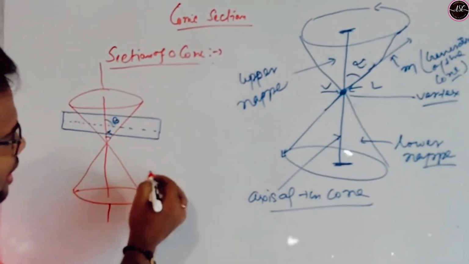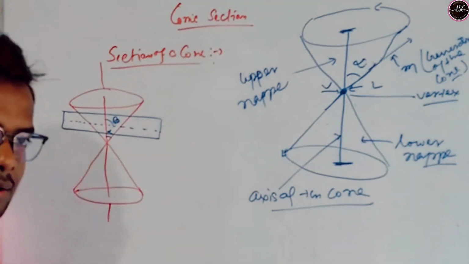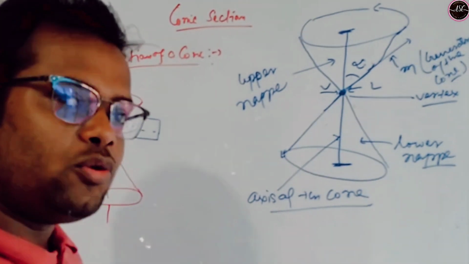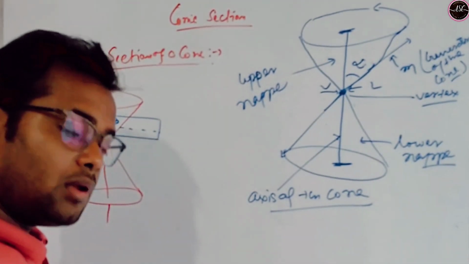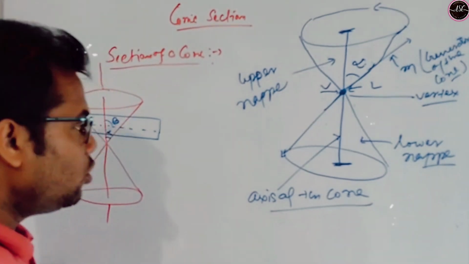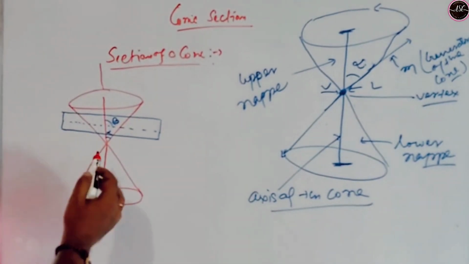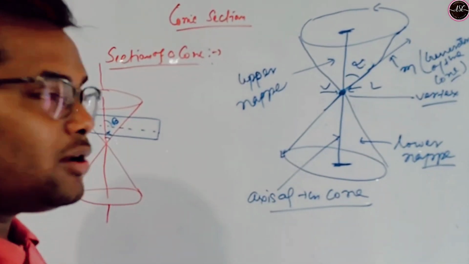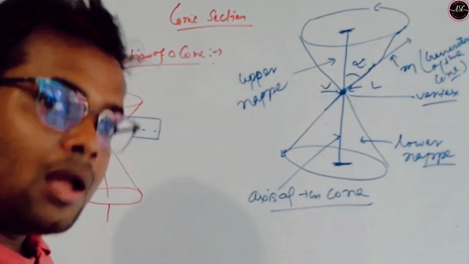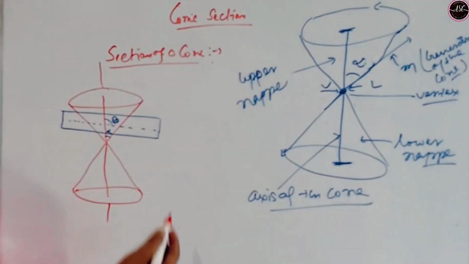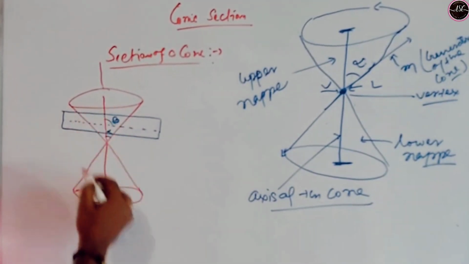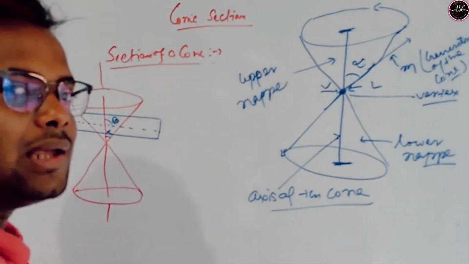Here some conditions: beta is the angle between the axis of the cone and the plane, and alpha, you know, is the inclination of M, that means the generator of the cone. So here we will get some curves.